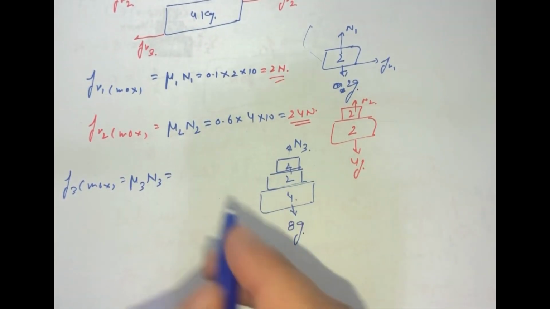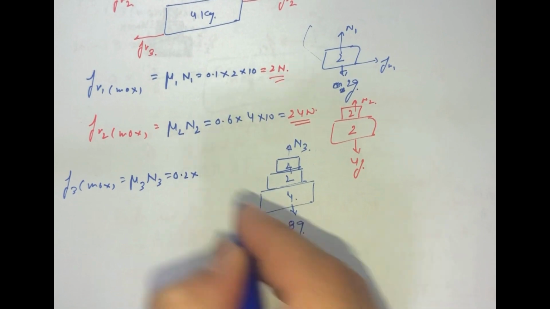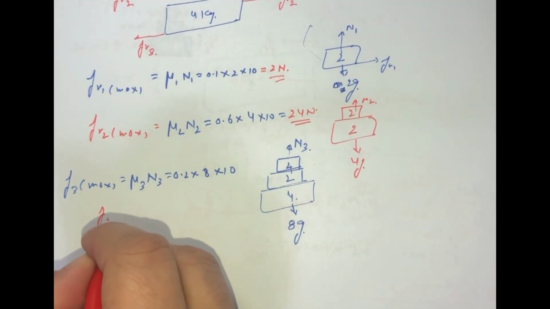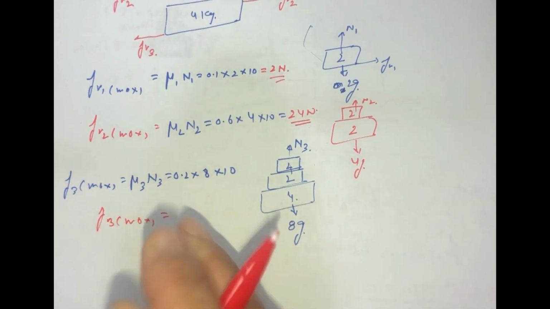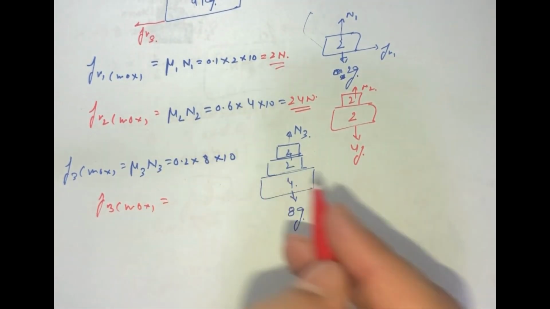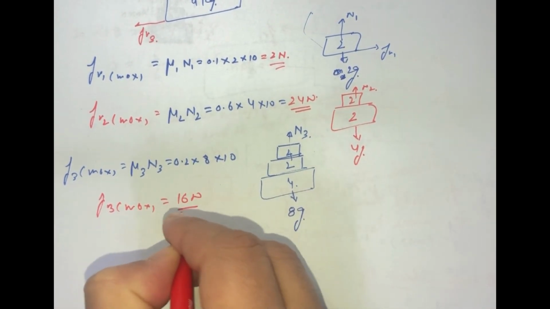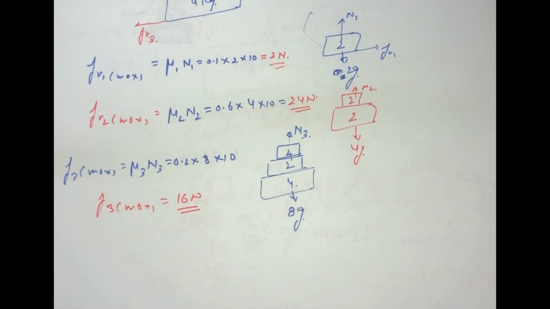Value of mu3 is 0.2, and this is 8 into 10, so we get Fr3 max equal to 16 Newton. So these are the maximum values of the frictional force that will be acting on the respective blocks.